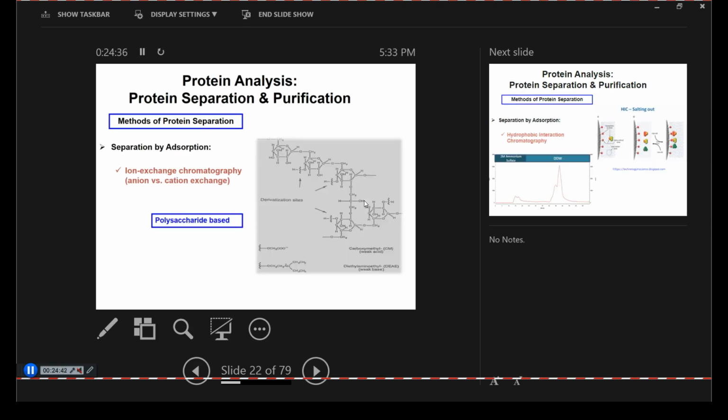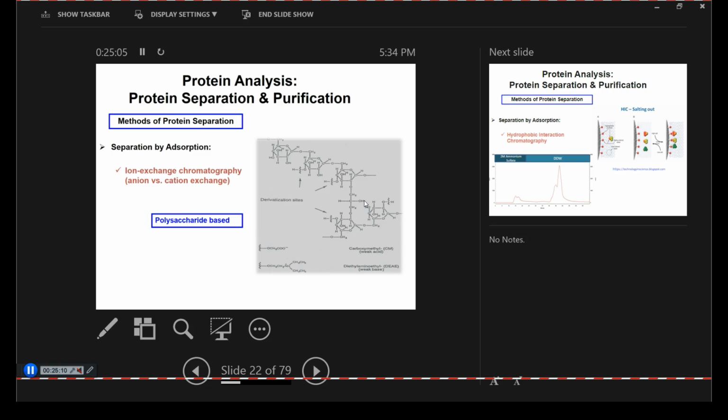And for separation of protein, the resin in the column usually is a polysaccharide based resin, because you want large pore sizes to allow large proteins to move through your stationary phase. And then what happens here, the hydroxyl groups on the carbohydrate moieties will be derivatized into either an acidic group or a basic group.